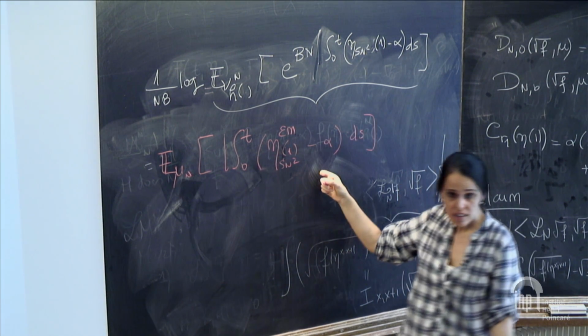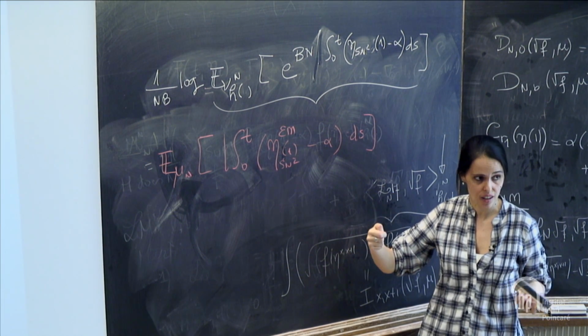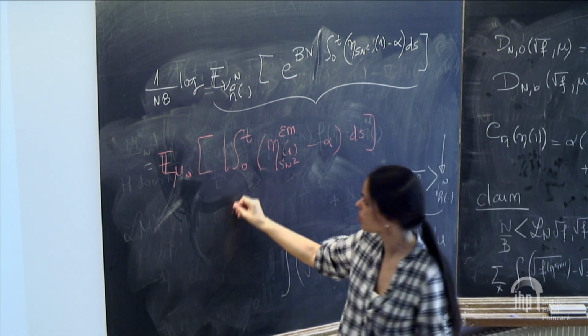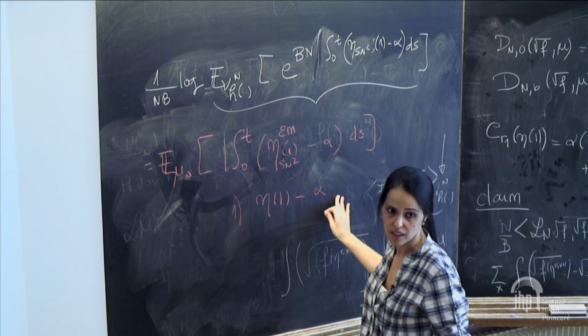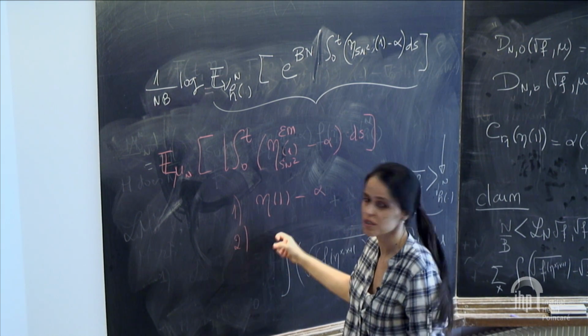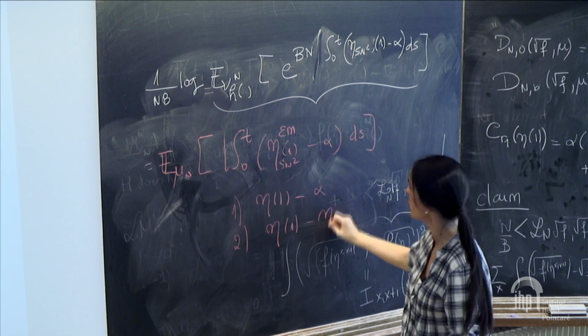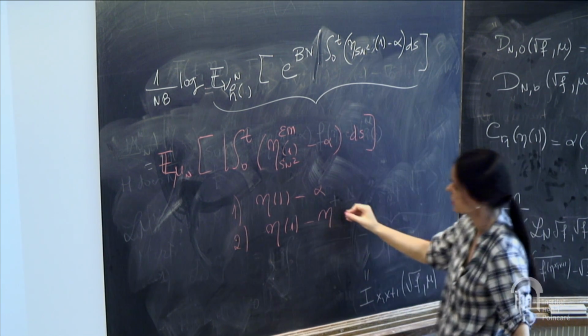This is what we need in order to show the third condition of the PDE, to show that the profile is alpha and beta at the boundaries. And to prove this, you do it in 2 steps. First, you show that eta 1 is replaced by alpha. It's done. And now you show, which is the one that we need now for Robin, you show that you can replace this guy by the average. Okay? And then that's it.